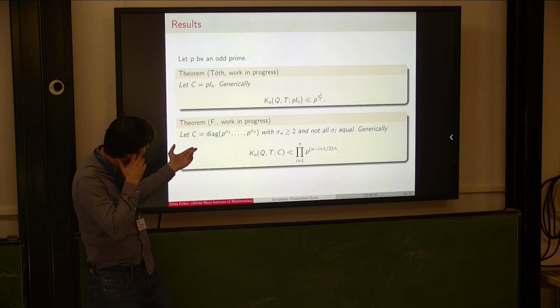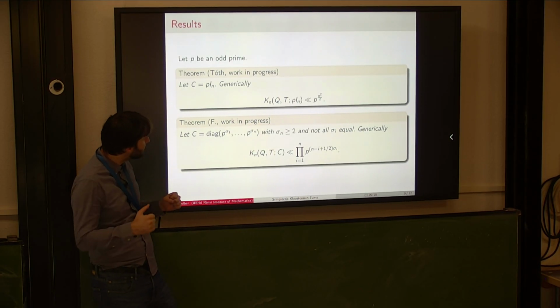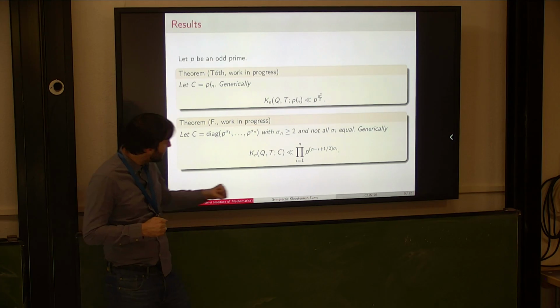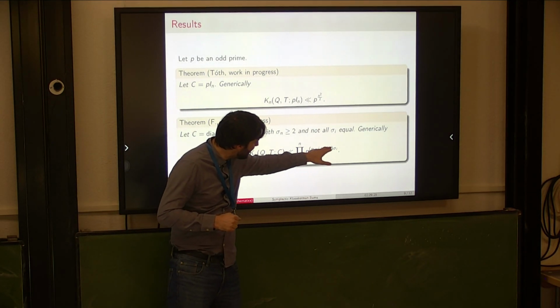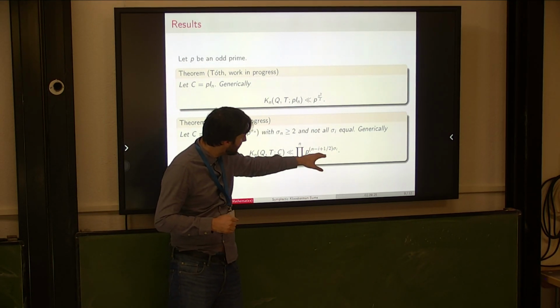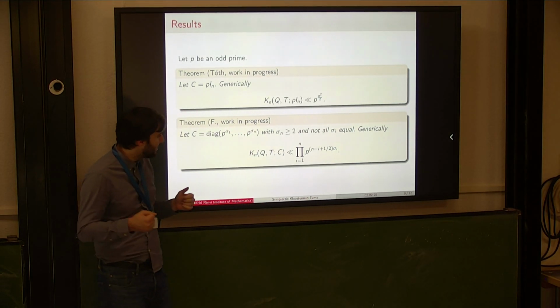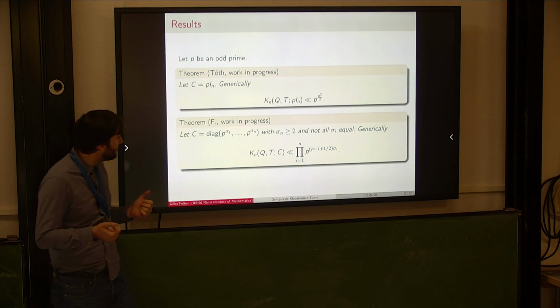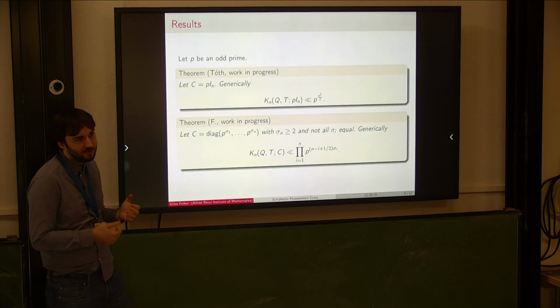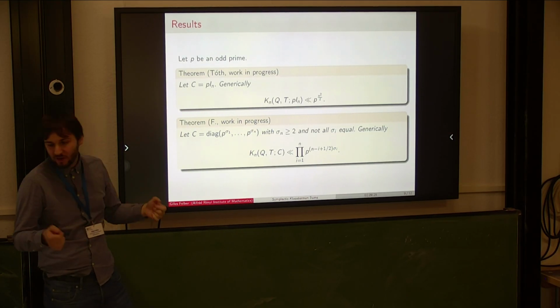And I'm looking at when you have different prime powers, and in that case, I also get a win of 1/2, which corresponds to the bound generically. So meaning you have to ask that Q and T have determinant not divisible by P, and maybe a bit more.